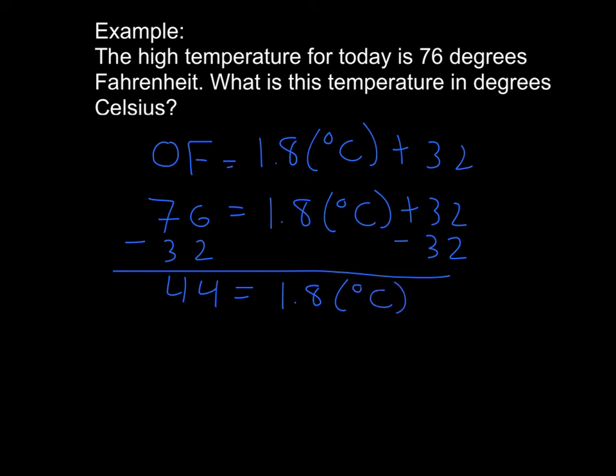How do we get degrees Celsius by itself? If you said divide by 1.8, you're absolutely correct. When we do this, we get 24.4, or 24 equals the degrees Celsius.